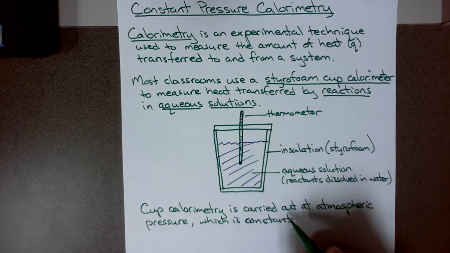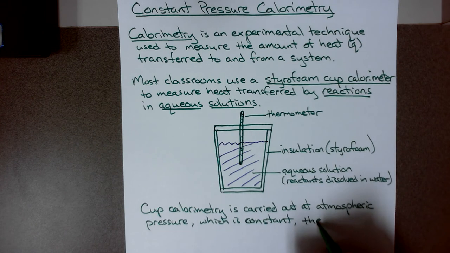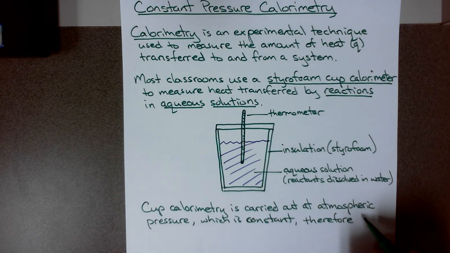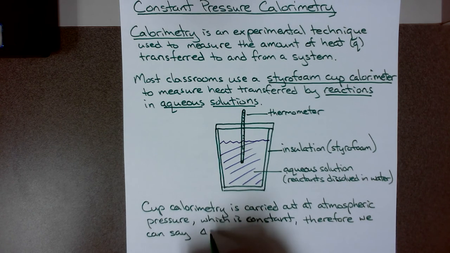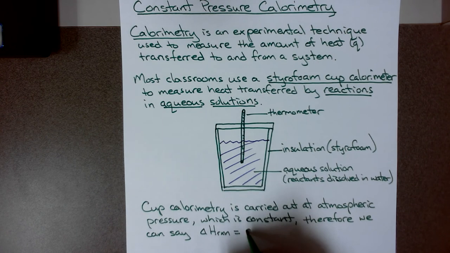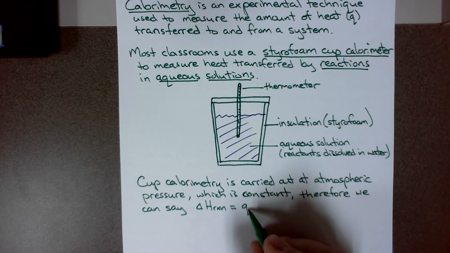And because it's at constant pressure, therefore we can say that the delta H of the reaction is equal to Q, or the heat transfer, at constant pressure.